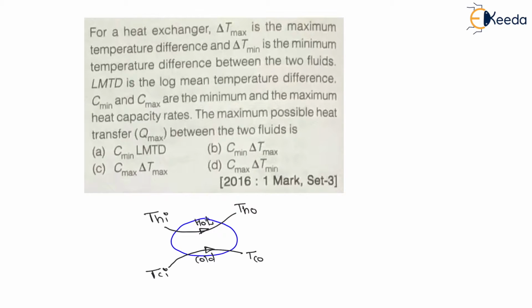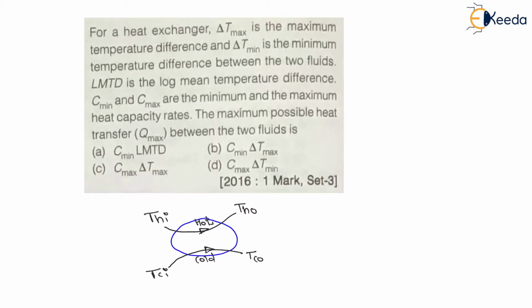Now, my dear students, as the hot fluid is losing heat to the cold fluid and the cold fluid is accepting heat from the hot fluid, right? Means whatever heat is lost by the hot fluid is gained by the cold fluid. Therefore, the temperature of hot fluid will decrease because it is losing heat and the temperature of cold fluid will increase because it is gaining heat.